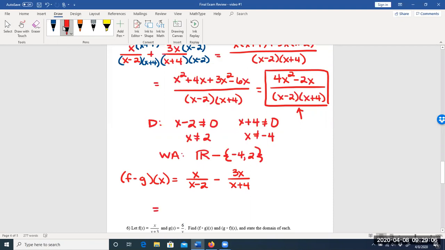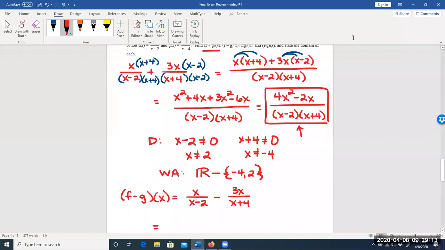I'm going to use this over here, but in place of where I have my plus sign, I'm going to use subtraction since we're subtracting this time. It would be the same common denominator as what I used when I was adding.